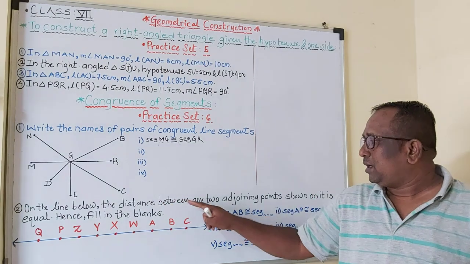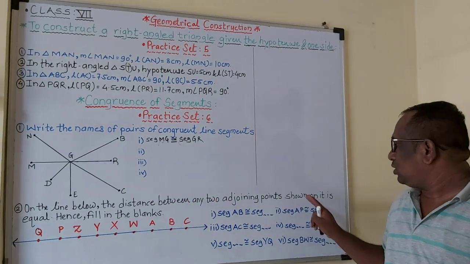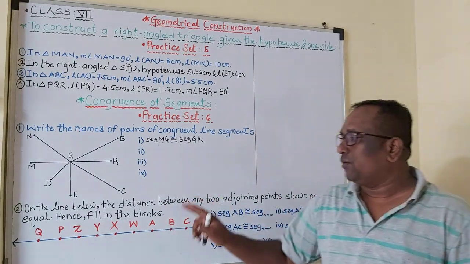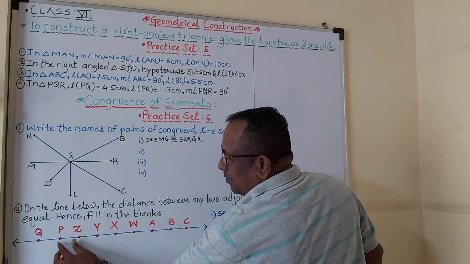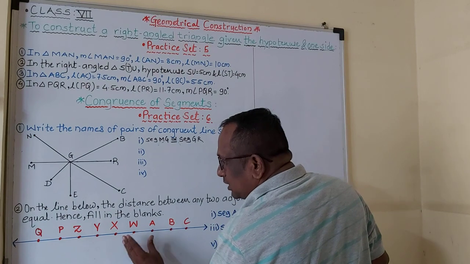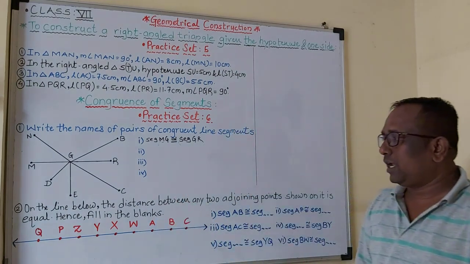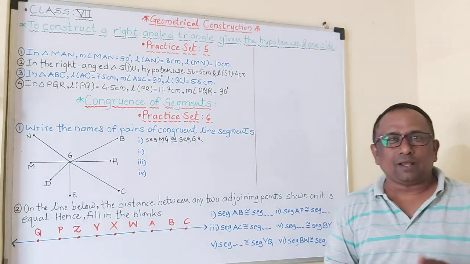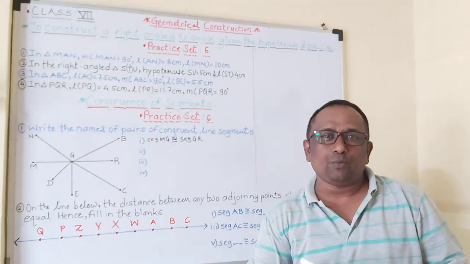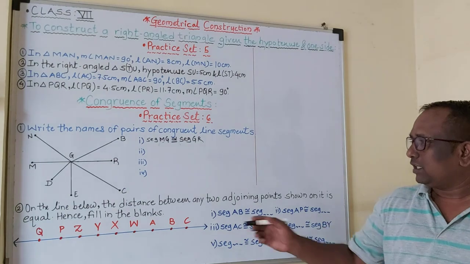The distance between any 2 adjoining points shown on it is equal. So any 2 points, this distance is same. All the points have same distance. Okay, that is equal, hence fill in the blanks. Now this is very simple, it's like a puzzle, and I hope you enjoy solving this example.